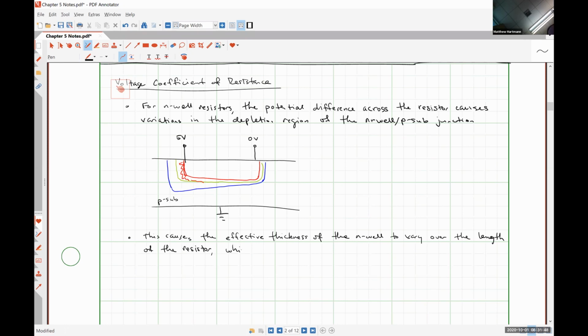Which in turn varies the sheet resistance of the N-well. Remember that the sheet resistance of the N-well was dependent on the thickness of the well being constant. So if the thickness isn't constant, then the sheet resistance isn't constant either.